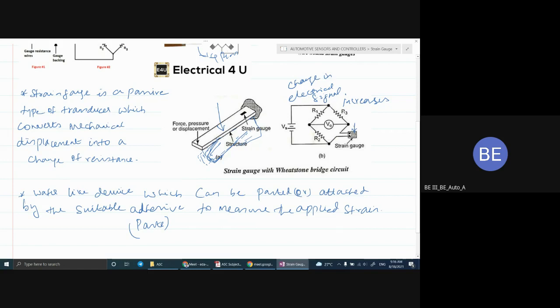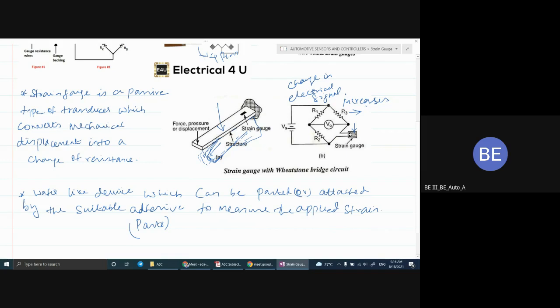Is it clear? So when we apply some stress on this strain gauge, the resistivity of the material increases, and due to that there will be a change in the electrical signal. So the change in the electrical signal can be measured.